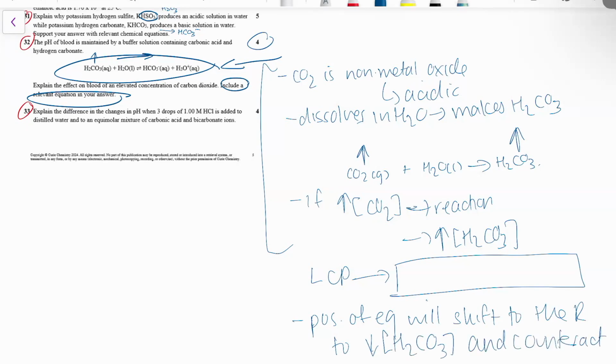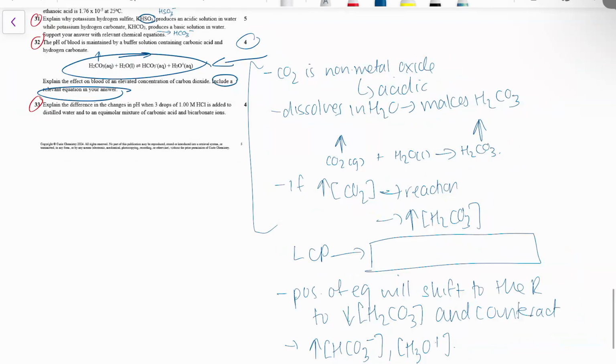And as a result of that, you make less H2CO3 and you make more of the HCO3 minus and the H3O plus on the right. And therefore, link this to your definition of the buffer. You effectively counteract the change in pH. I'll say delta pH. Please don't write like this in your exam. Effectively counteract the change in pH caused by the CO2.